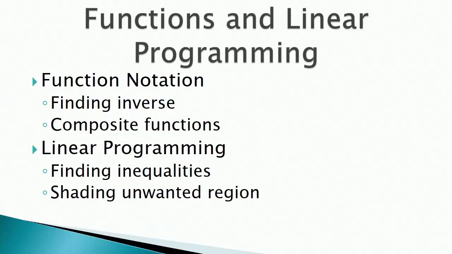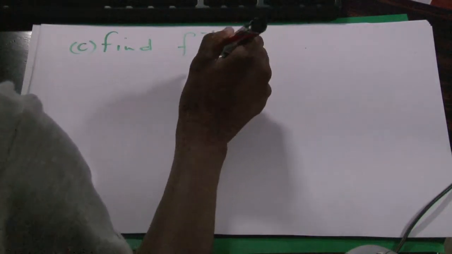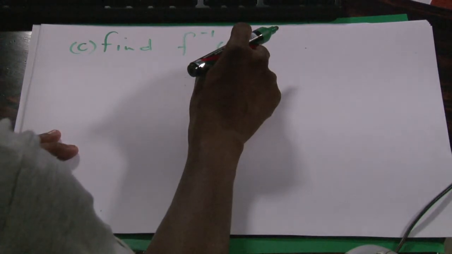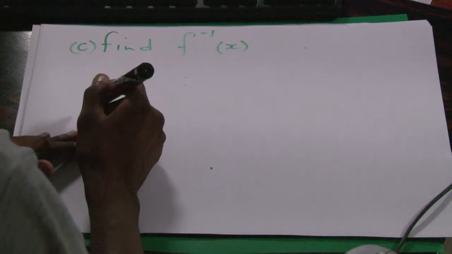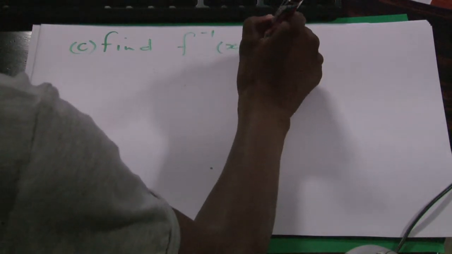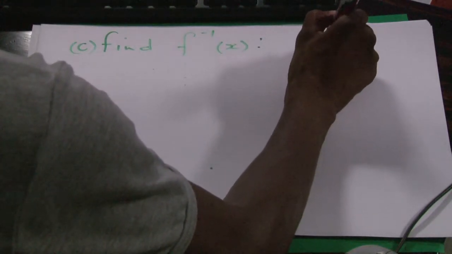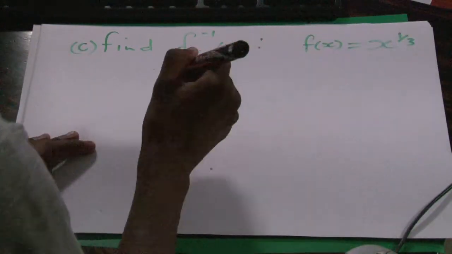Let's look at the last one, which is to find f inverse of x. This is called an inverse function. So how do you do it? The first step, remember our f of x is equal to x to the power of 1 over 3.